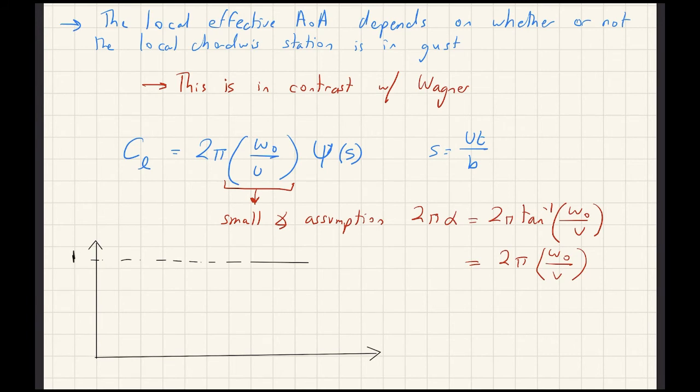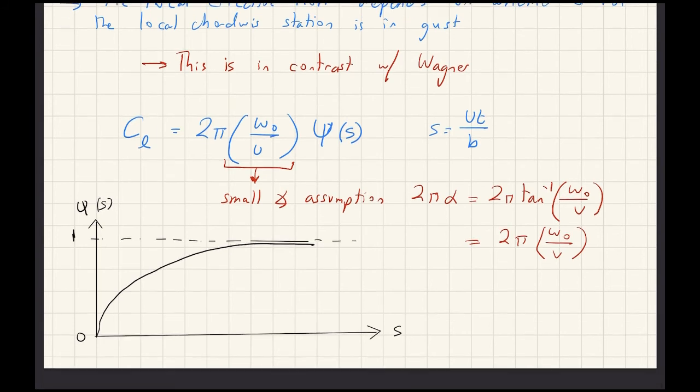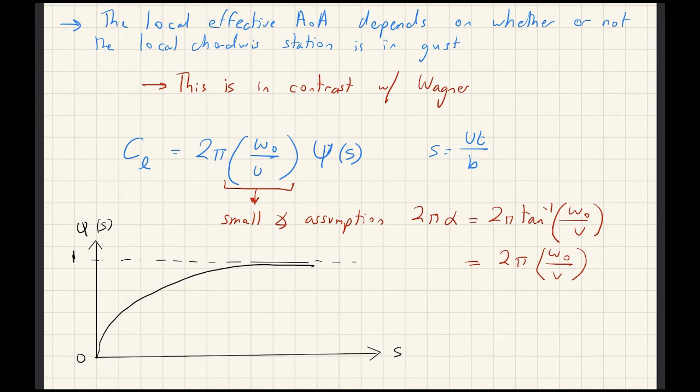Where you have 1 here and you have 0, and this is s, and this is psi of s, and it asymptotes to 1 for very large time scales. Once the wing is entirely immersed in the gust for a long enough period of time, again, we reach a steady state lift under these inviscid and small angle assumptions.